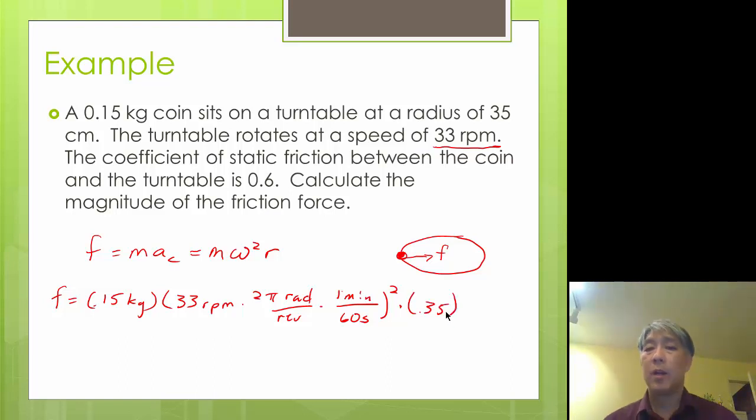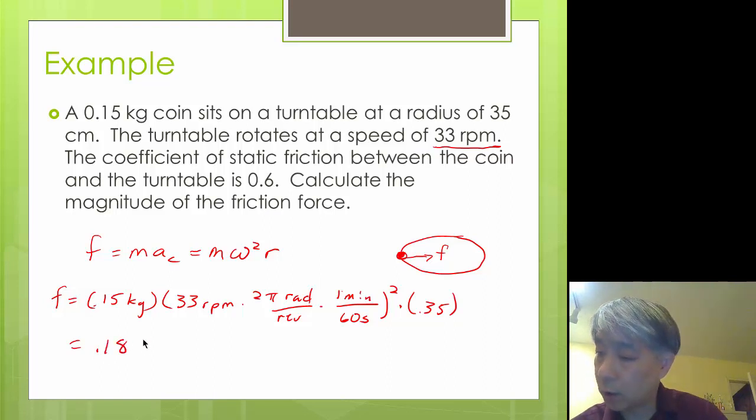We have to remember it's 35 centimeters, and I need to convert that. So if I plug all this into my calculator, 0.15 times 33 times 2 pi divided by 60, squared, times 0.35, I end up with a force of 0.18 newtons.